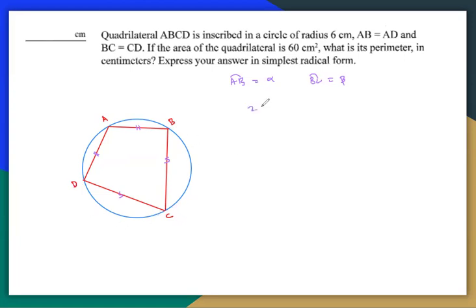If I add those, 2 alpha and 2 beta has to be 360, which will force alpha and beta to add up to 180 degrees.